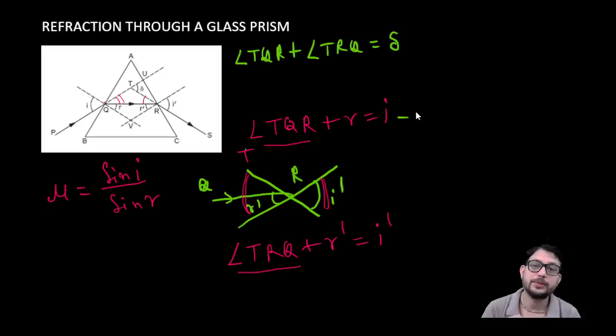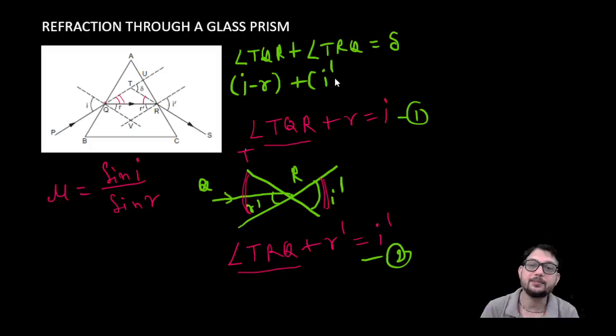Let's suppose this is equation 1 and this is equation 2. So we can easily calculate the value of angle TQR and angle TRQ, and place them here. Then we can write that this will be i minus r, plus i dash minus r dash, and that will be delta.